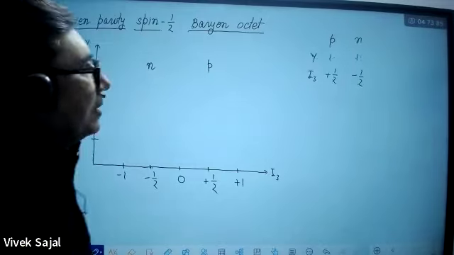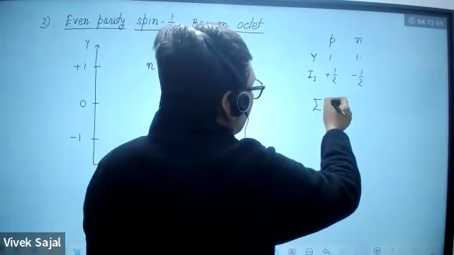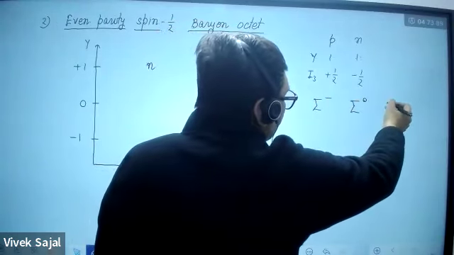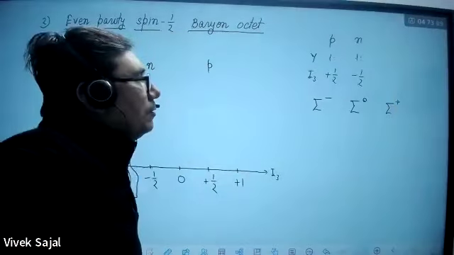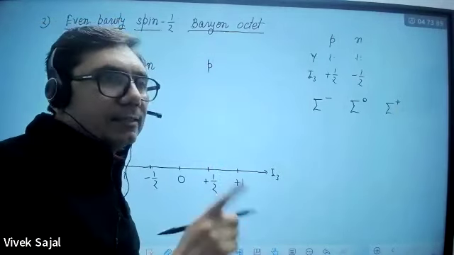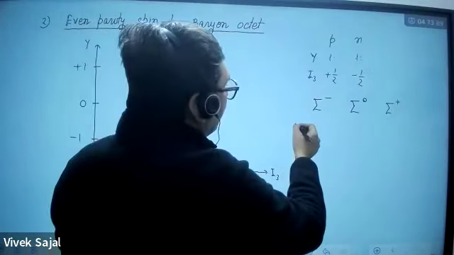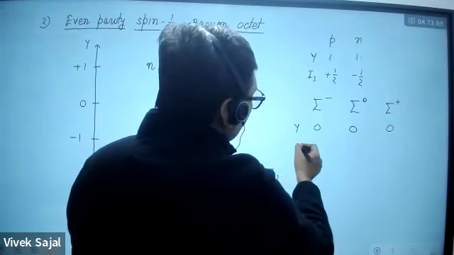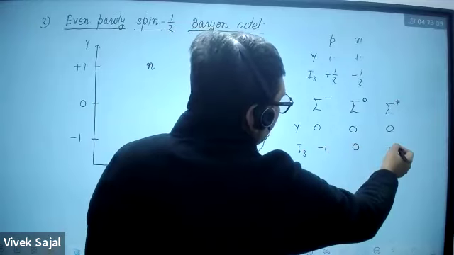Then second is sigma. If you look at sigma: sigma minus, sigma naught, sigma plus. What is the baryon number? They are having baryon number plus 1. What is the strangeness number? Strangeness number is minus 1. So B plus S will be 0. So Y number is 0 for all the three. But if you look at I3, that will be minus 1, 0 and plus 1.